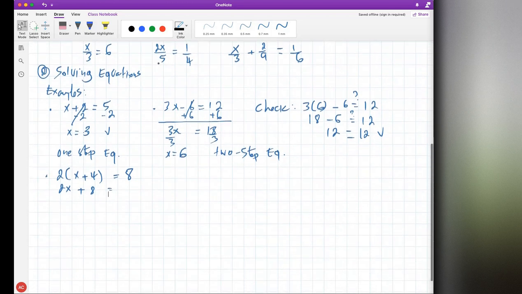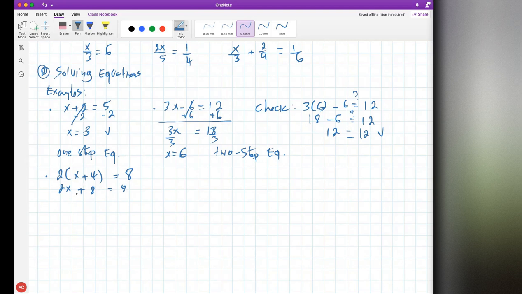So we're going to repeat the same two steps again. What's the next step here to isolate x? You're going to say 2x equals 8 minus 8 because you're going to transfer the 8 onto the other side.